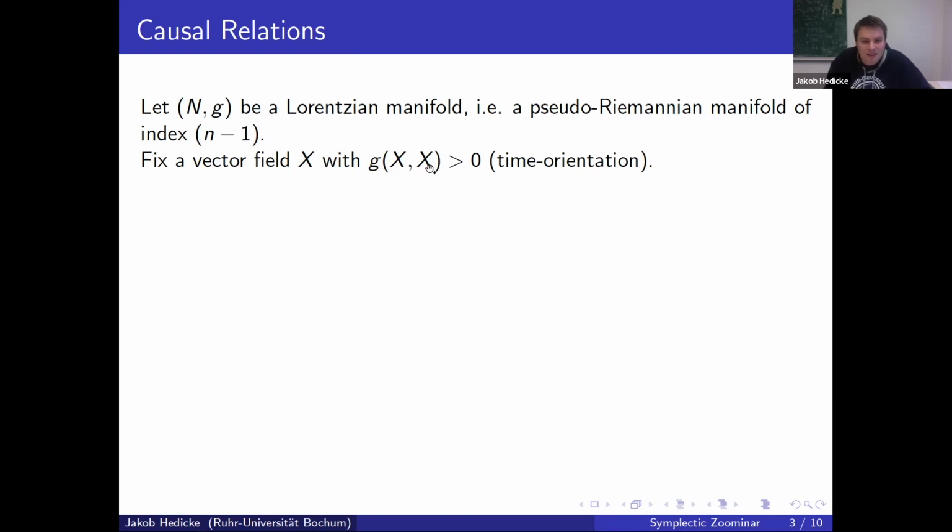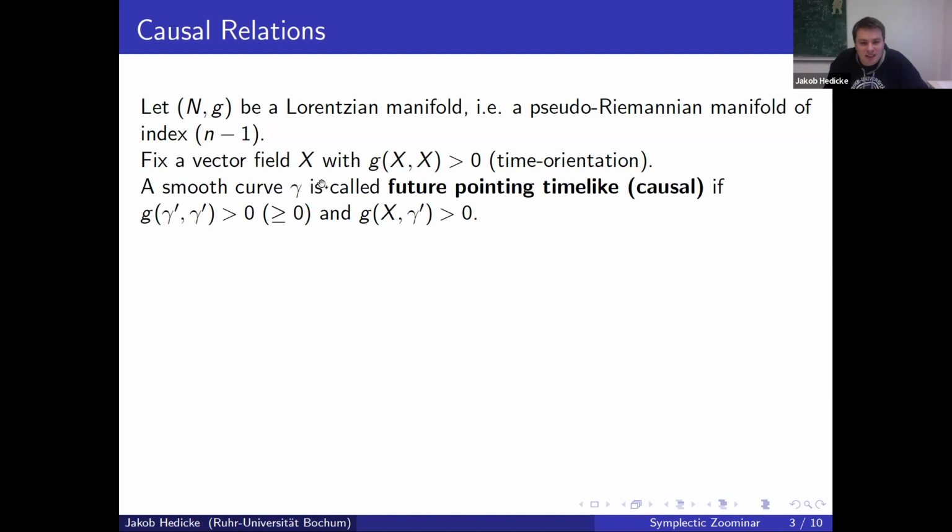The set of vectors with positive energy has two connected components in the tangent space, so it defines a kind of double cone. Usually one wants to fix in a smooth way one of these connected components, which is called time orientation in Lorentzian geometry. So we fix this vector field X, which is the analogue of fixing a co-orientation in the contact case.